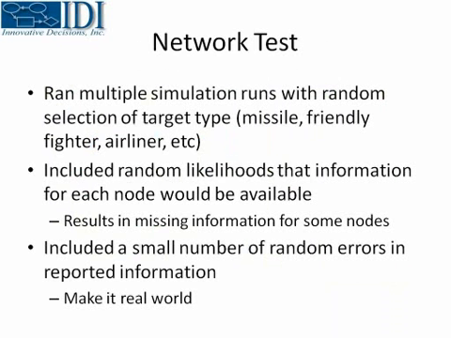Okay. So what I did was I took the model, I ran it thousands of times with random target engagements against the various different types of aircraft. I included random likelihoods that information for each node would not be available. So there was some missing information from these engagements. And I also included a small number of random errors in the data as well.